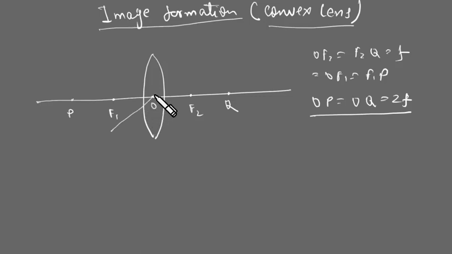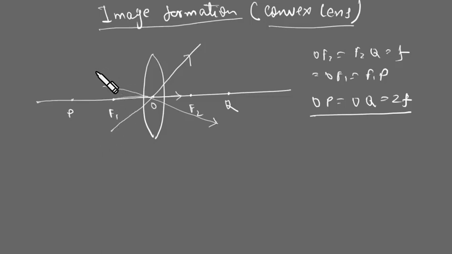That means it does not bend, it goes straight in any direction. If it goes through the optical center, it will go in a straight line without bending. So this is one thing we must know.